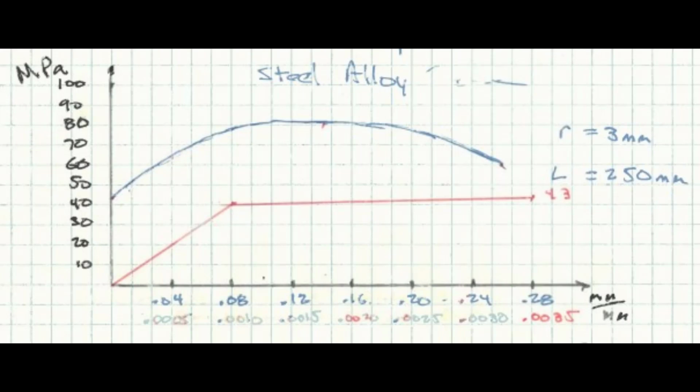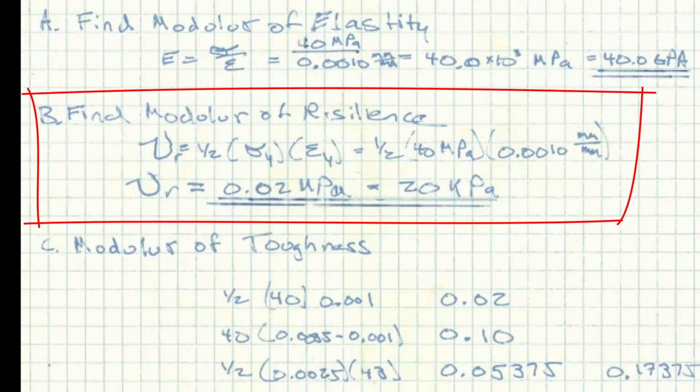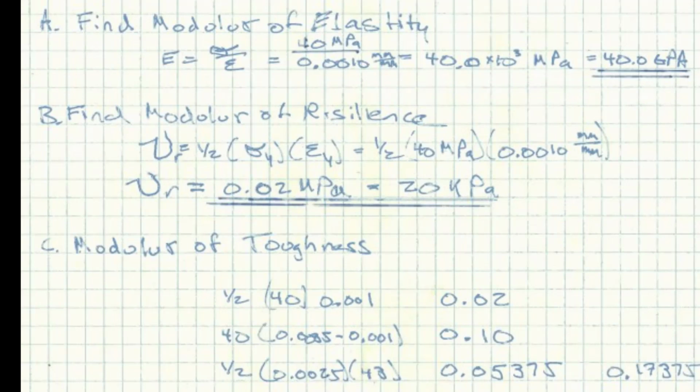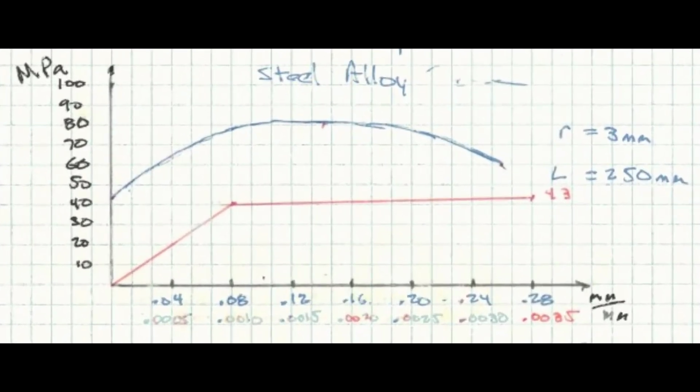And this is essentially the area under that first section there, that little triangle area. Next, we want to find the modulus of toughness, and this is the area under the entire curve. It is how much total energy the sample can absorb up to the point of failure.